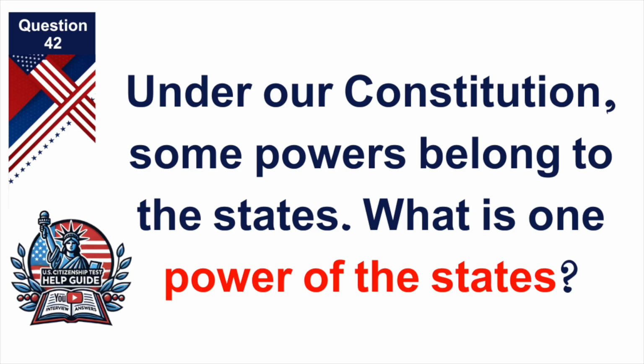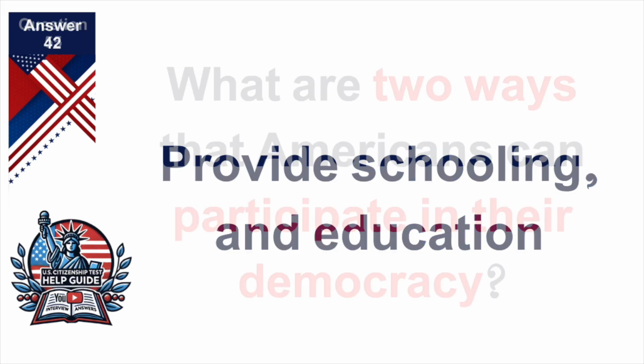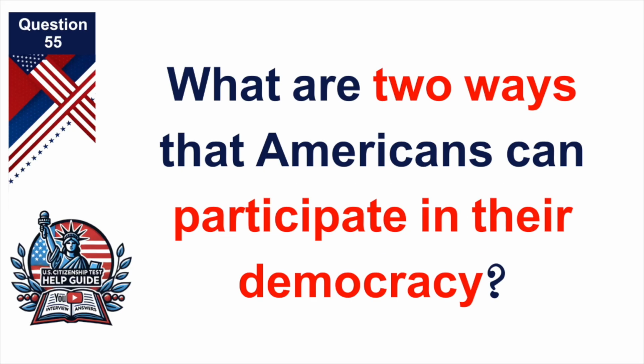Under our Constitution, some powers belong to the states. What is one power of the states? Provide schooling and education. What are two ways that Americans can participate in their democracy?